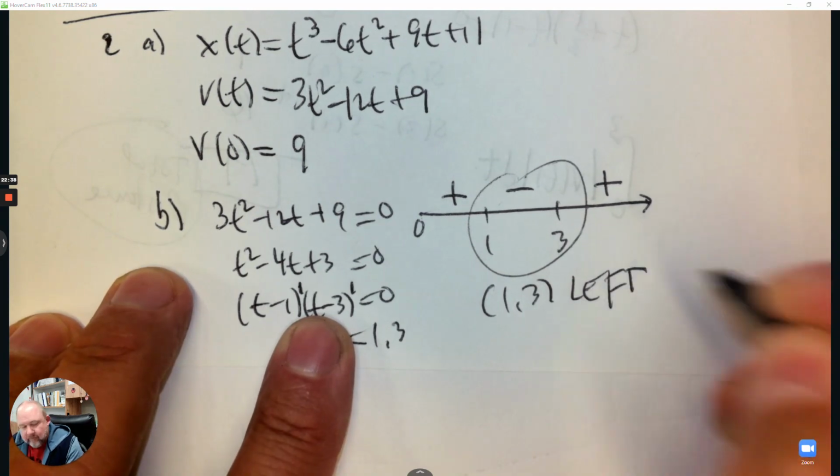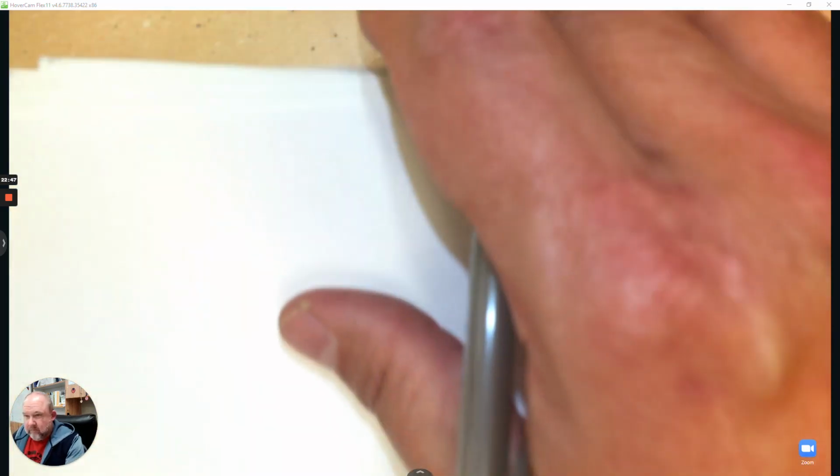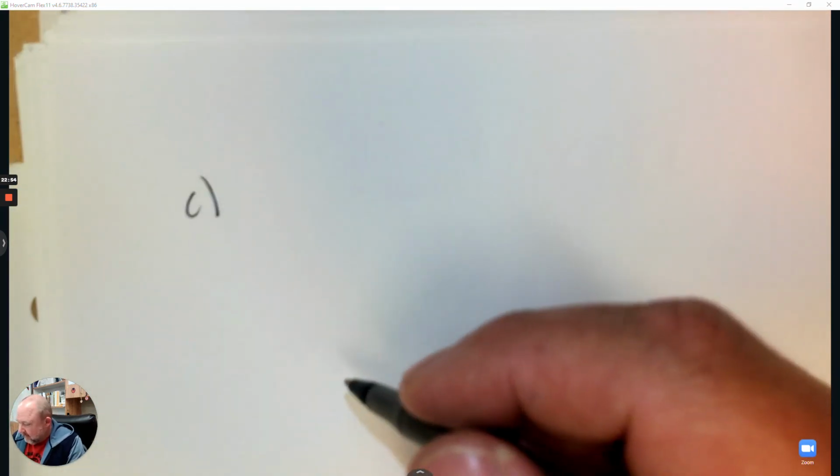All right, part C. What is the total distance traveled by the particle from 0 to 2? So, what do we say here? I almost threw that one away.